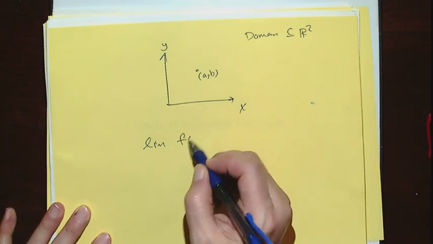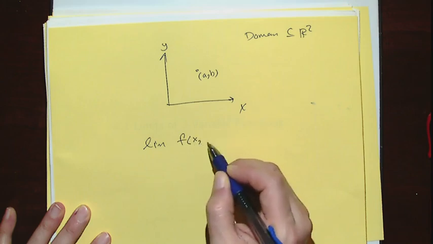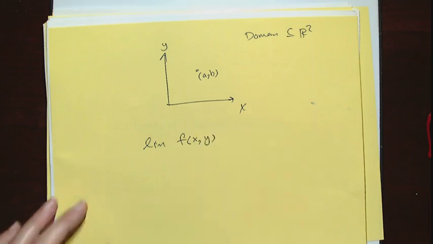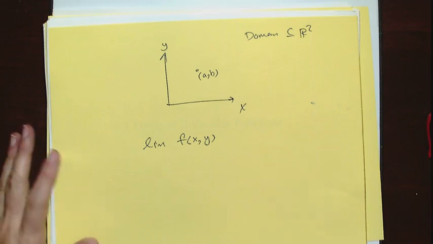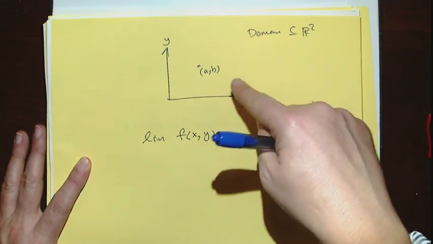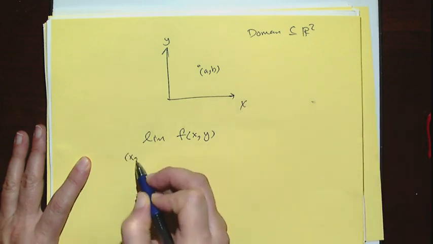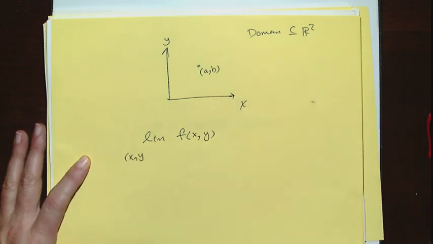How many variables inside? x and y, right? So I have to be able to say that the input is approaching a point, right? So underneath it, this is important to keep the notation.